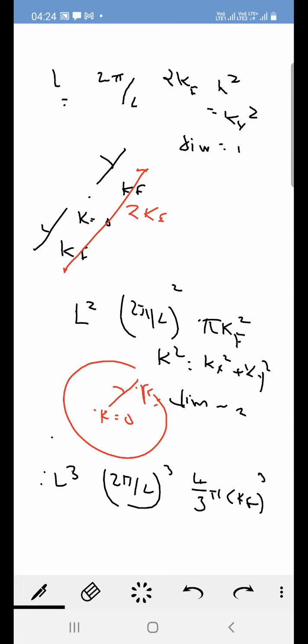So it's the equation of the volume of a sphere. And of course k square is now all the 3 components, kx square plus ky square plus kz square, and the dimension is equal to 3.